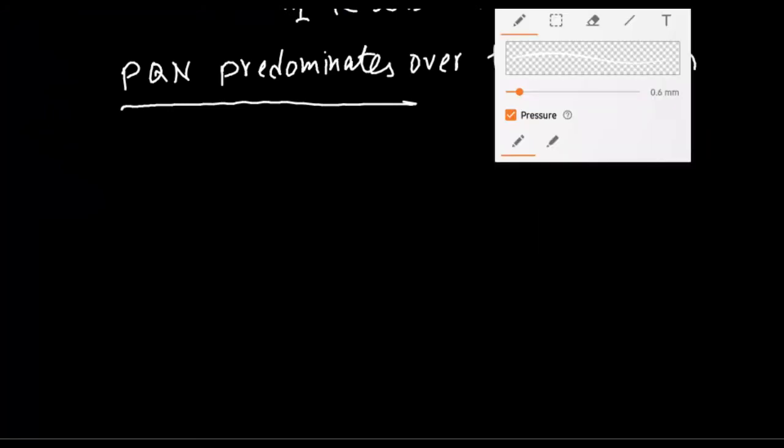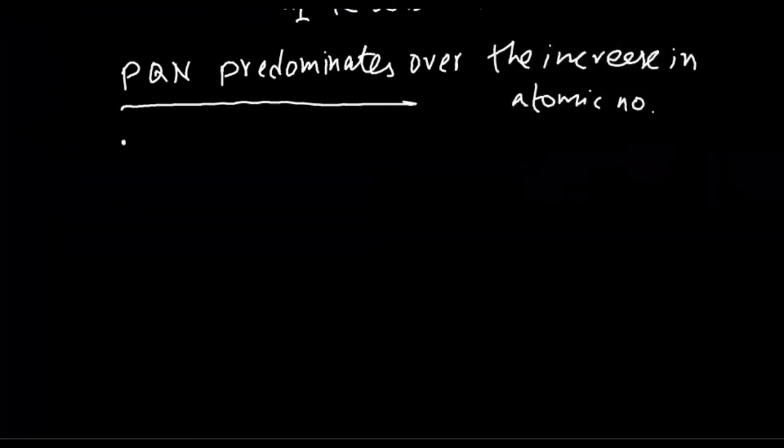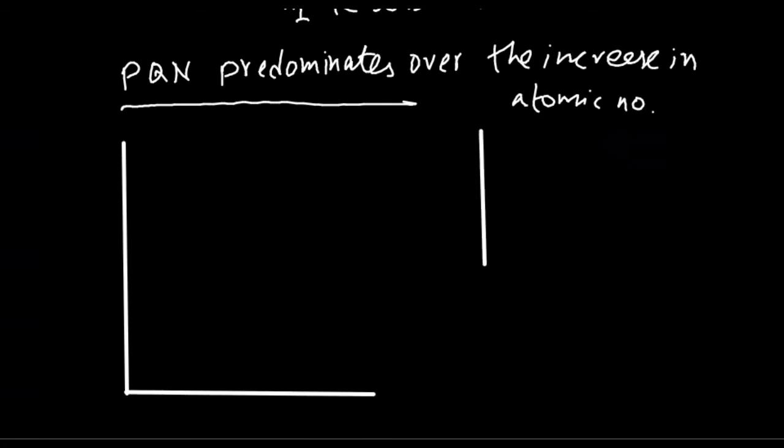Now there is a graphical representation to show you how the atomic radius changes along the period and down the group.